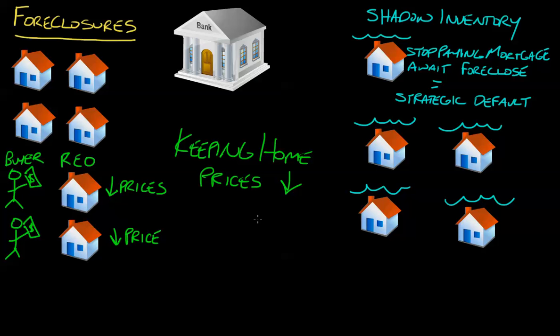And in doing that, the fix is that we're shrinking the inventory. As we shrink the inventory, this may allow prices to increase, and then we may be on our way to housing recovery. I'm guessing it would be a slow one, but at least we could mitigate this problem of shadow inventory.